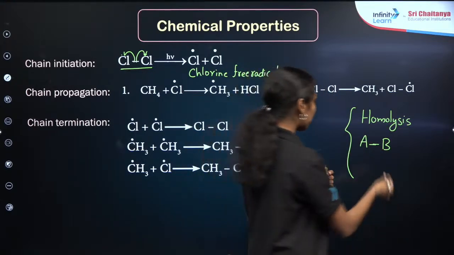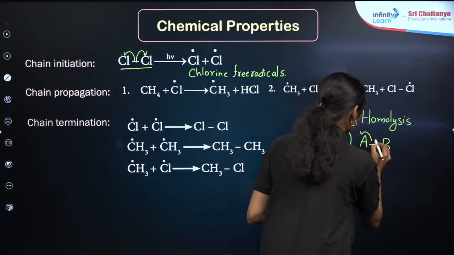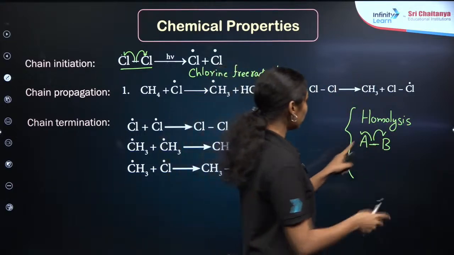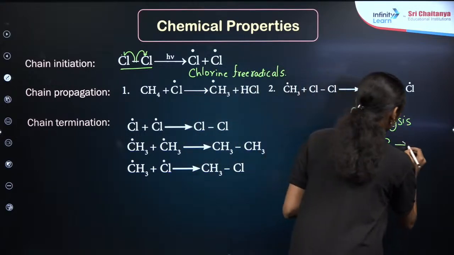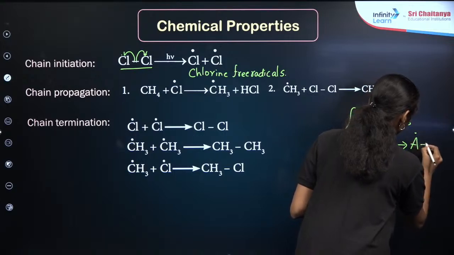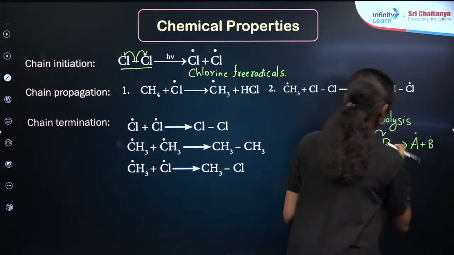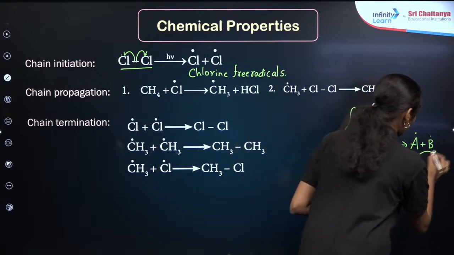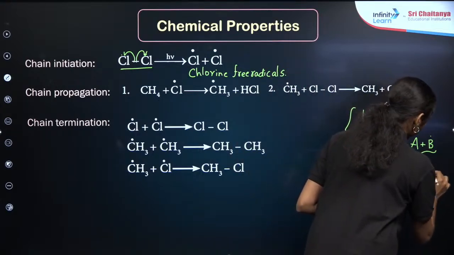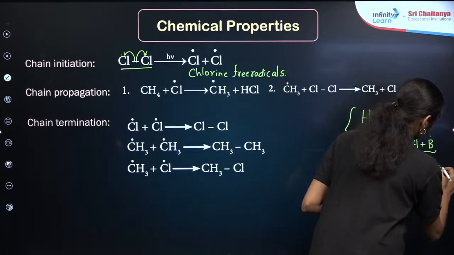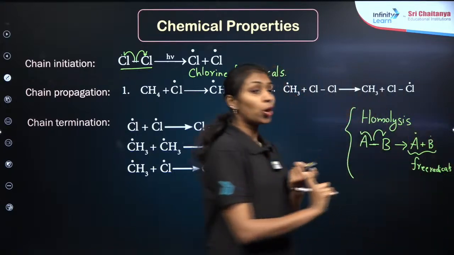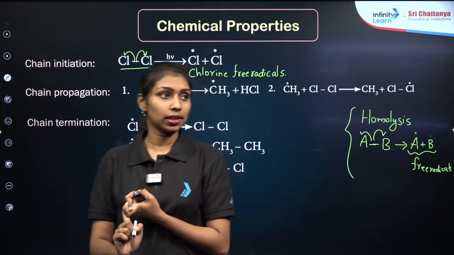For example, if I am breaking this particular covalent bond equally, which means that 2 electrons are present in the single bond, it will break to form A dot plus B dot, right? So, 2 electrons are present, so equally it is breaking to form A dot plus B dot. These products are known as free radicals. So, this particular cleavage is known as homolytic cleavage or homolysis.